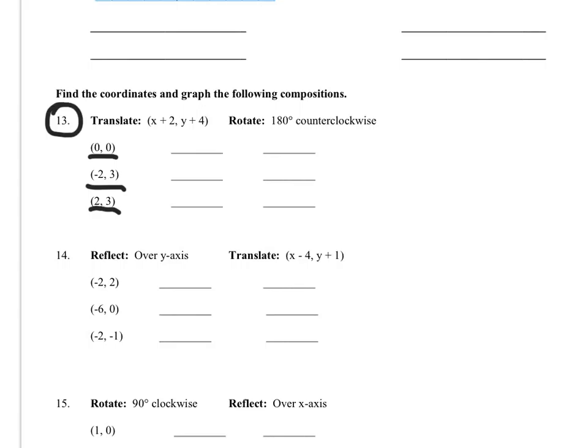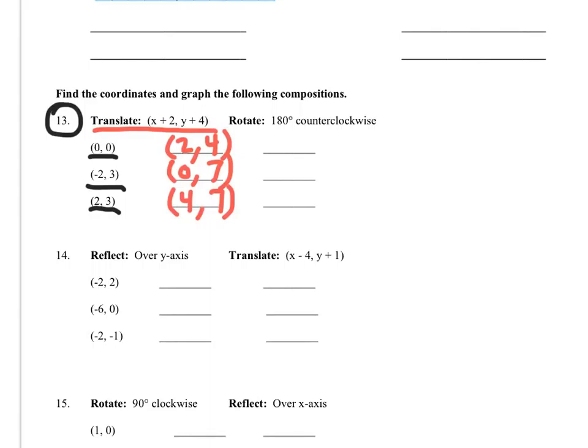And our very first transformation is a translation where we add 2 to the x value and 4 to the y value. So adding 2 to 0 will give us 2. And adding 4 to 0 will give us 4. Adding 2 to negative 2 will give us 0. Adding 4 to 3 will give us 7. And adding 2 to 2 will give us 4. And adding 4 to 3 will also give us 7. So those are the coordinates after our first translation in the red.